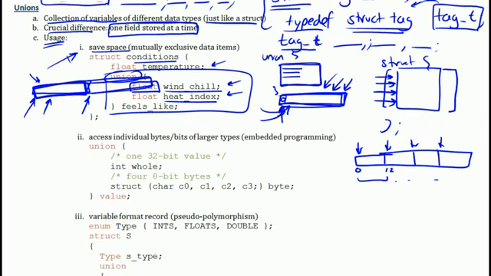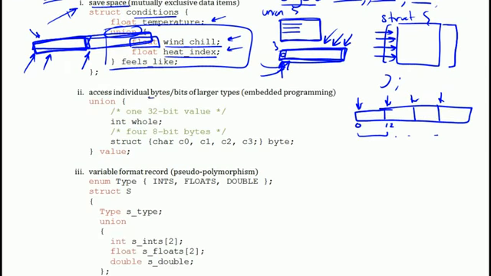Another usage of unions is to access individual bytes or bits of larger types. This is used in hardware programming. In this example, you can see that this integer and this struct, both of which have 32 bits, occupy the same region in memory.